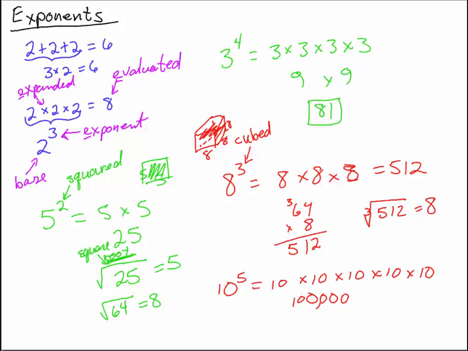Or up here, it would be the 4th root of 81 equals a 3. Here, the 5th root of 100,000 is 10. So roots go backwards on exponents, and exponents are just repeated multiplication. There you go.